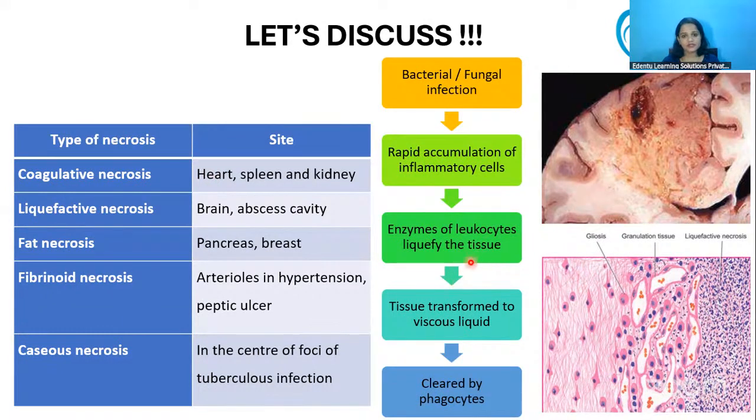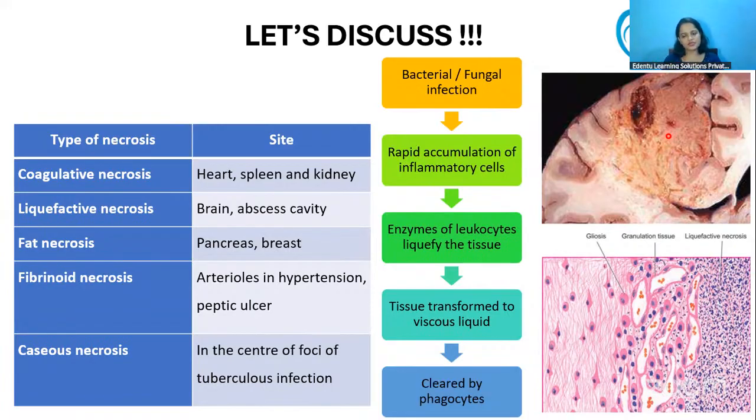The leukocytes will release lots of enzymes which will liquefy the brain tissue like this. So this is a gross picture of liquefactive necrosis, and this is a histopathological picture of liquefactive necrosis. As you can see, the enzymes that are released from these inflammatory cells liquefy the tissue, so that the whole brain tissue is getting converted into a viscous liquid. That's why it's called liquefactive necrosis.